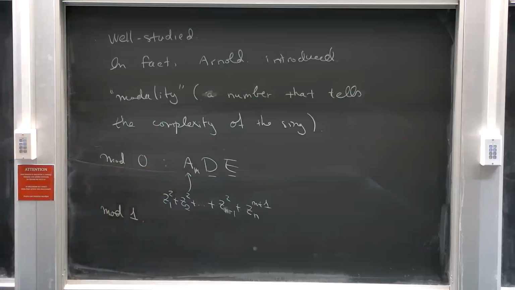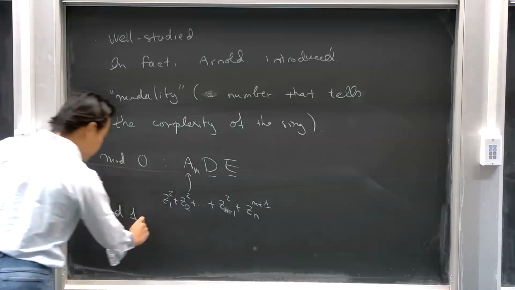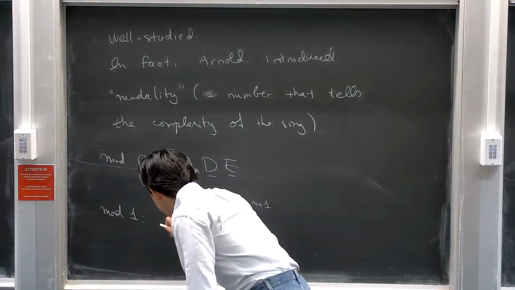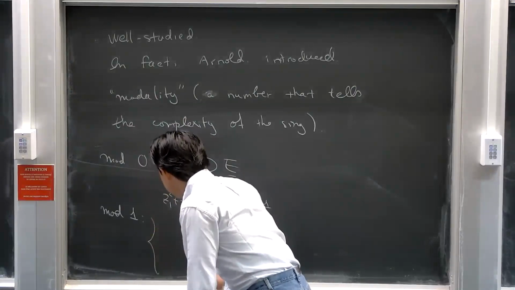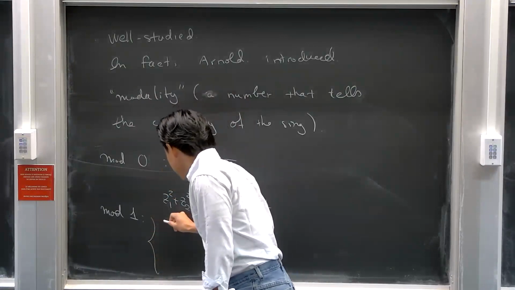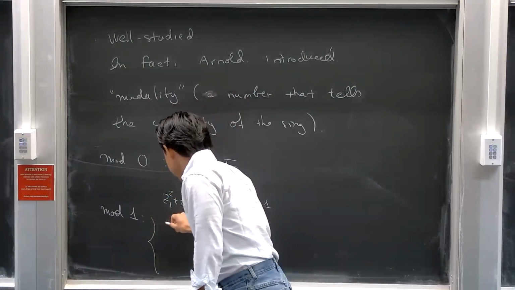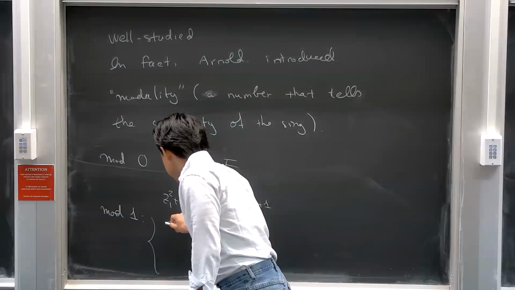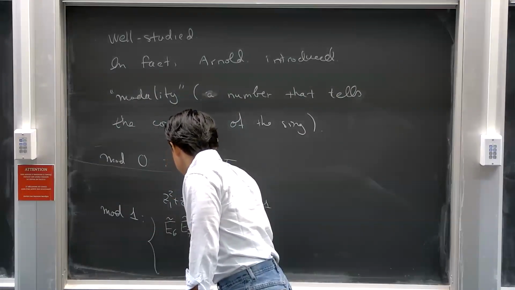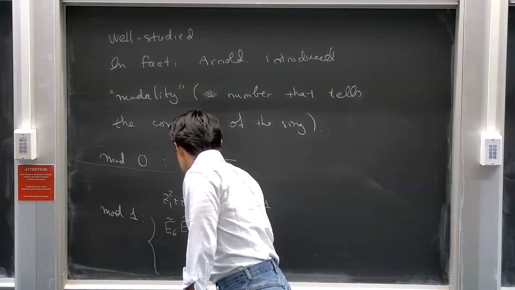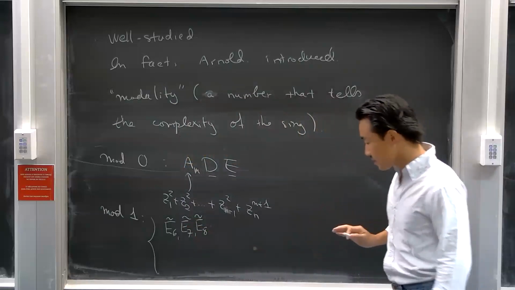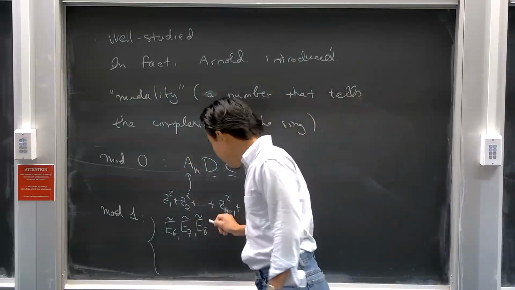And modality 1 singularities are also classified, and there are 3 types. One is called, I think, elliptic simple singularities.